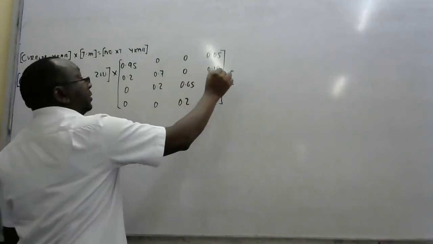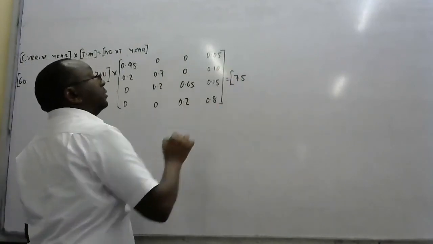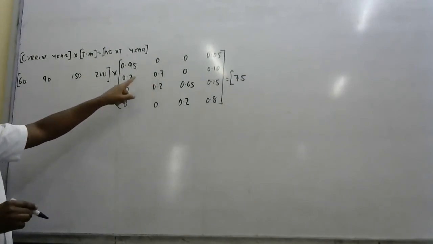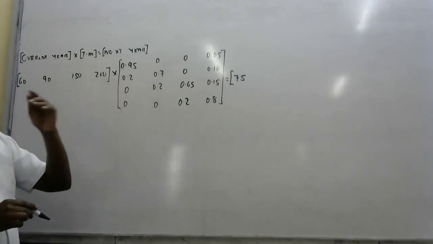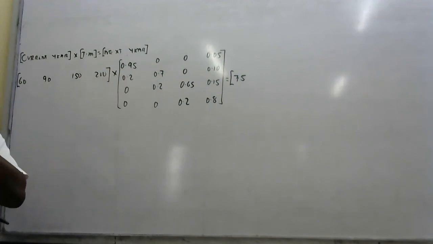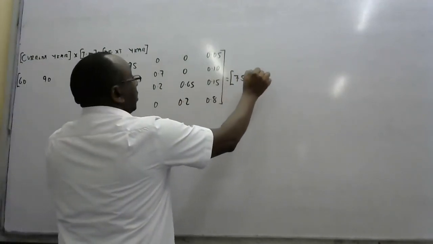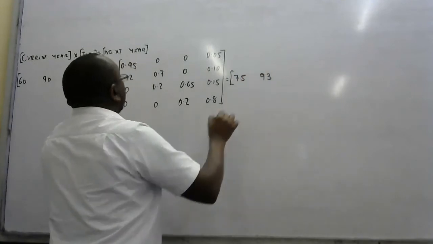That is 75. So you just avoid where they are zeros. So you get 90 times 0.7 plus 150 times 0.2. That is 93.